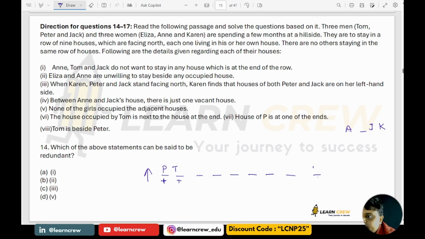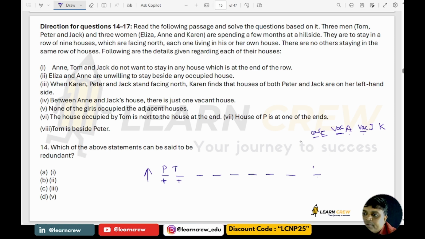So Annie is beside a vacant house, and Elijah is also beside a vacant house. So here Annie, here you can say Elijah, here you can say vacant. This is vacant, this is vacant, this is vacant.